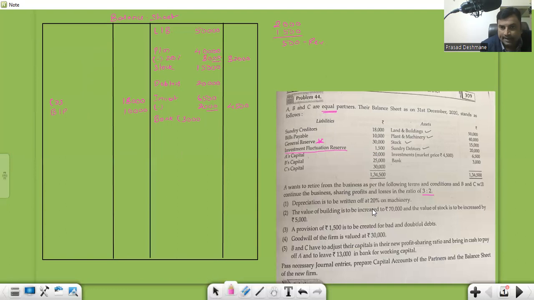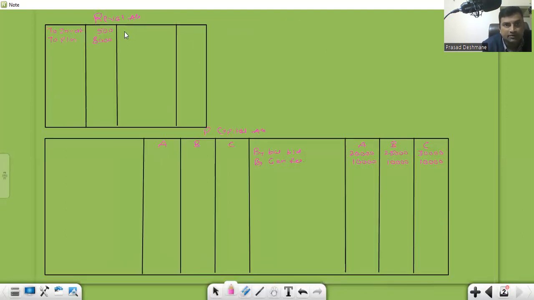Correct. Next, they said the value of building to be increased to 70,000. 70,000 means it becomes 70,000. It means it is appreciated by 20,000. Right? When it is appreciated by 20,000, we record on the credit side, land and building 20,000.